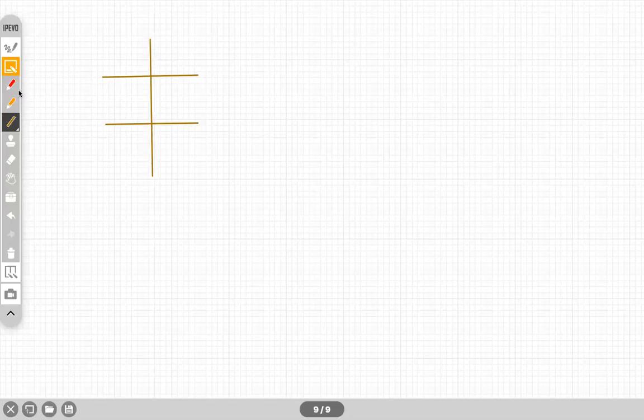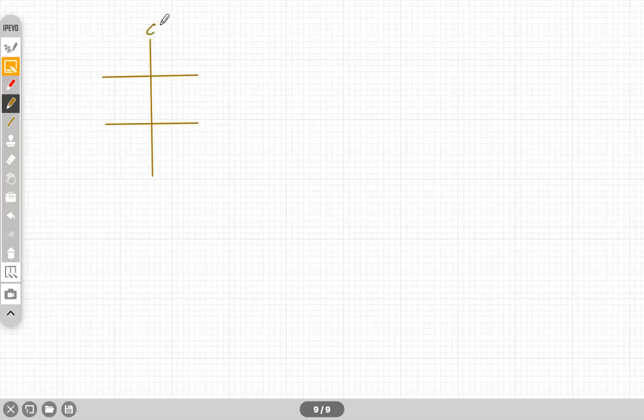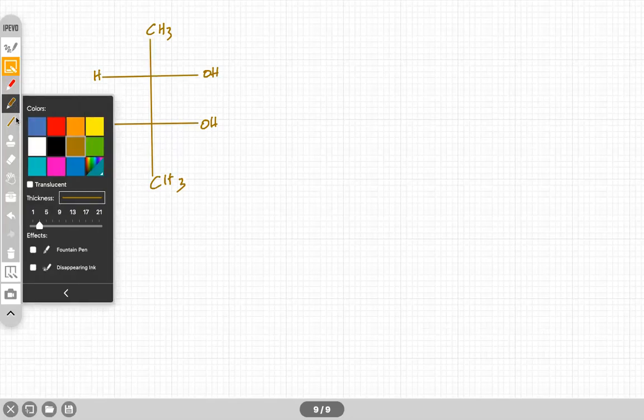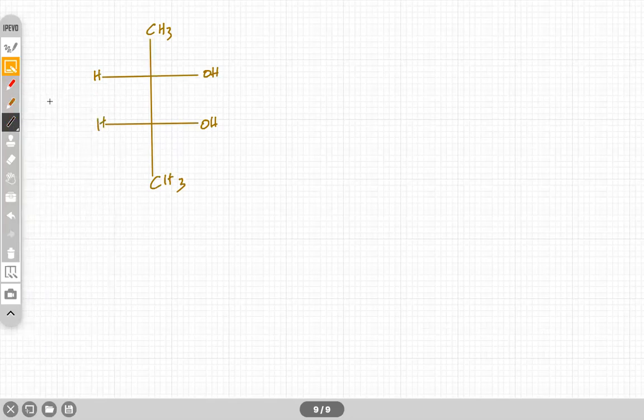Suppose we have CH3 on the top, OH on the right, OH, CH3, H, and H. If you look at this molecule, it is optically inactive because of the plane of symmetry present in this. So this is a plane of symmetry we have.